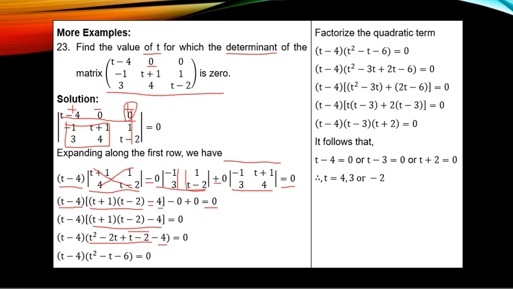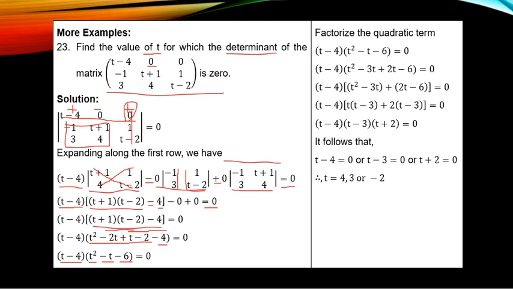So when you add the like terms, you have (t − 4) multiplied by (t² − 2t + t − 2 − 4). Minus 2t plus t is minus t, then minus 2 minus 4 is minus 6.